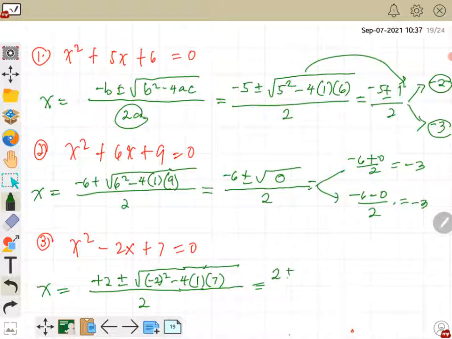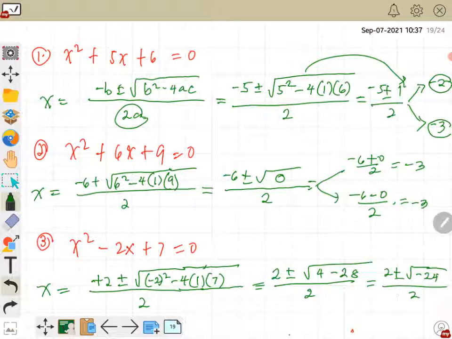So we say positive 2 plus minus the square root of negative 2 square, which is still positive 4, minus 28, since 4 times 1 times 7 is 28, all over 2. This becomes 2 plus minus the square root of 4 minus 28, which is negative 24. Take note of that, negative 24.